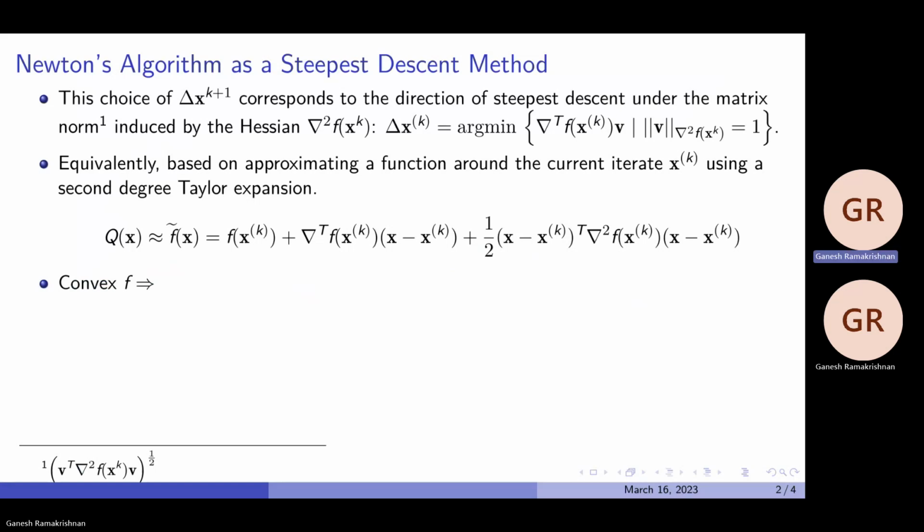The answer slipped from my tongue already. Gradient, right? The gradient direction is that which minimizes this dot product under the constraint that the direction has L2 norm of 1. If we change the L2 norm to the Hessian induced norm, then you get the Newton update. Okay, so both of these are the same.